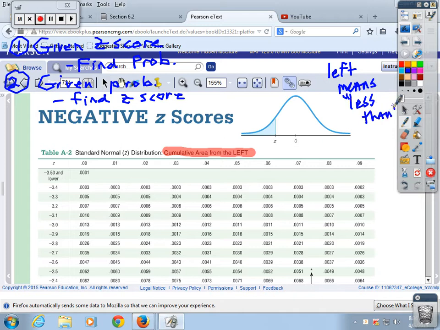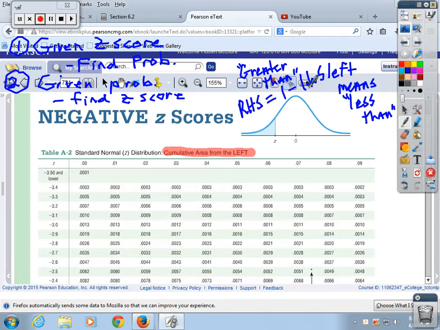If less than means less than, do we have to worry about anything else? Yeah. You have to worry about greater than. What does greater than mean as far as the right or left hand side? That's the right hand side. So the right hand side is equal to 1 minus the left hand side.